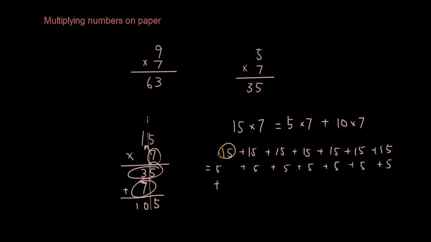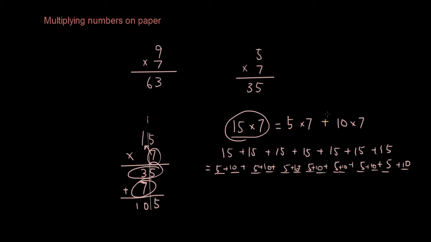Now, each 15 is made up of 5 and 10, so I'm just going to put 10 as well in there. Plus 10, plus 10. Oh, it's sort of hard to squeeze it in. So that's why 15 times 7 is the same as 5 times 7, which is these numbers here, plus 10 times 7, which are these numbers here.